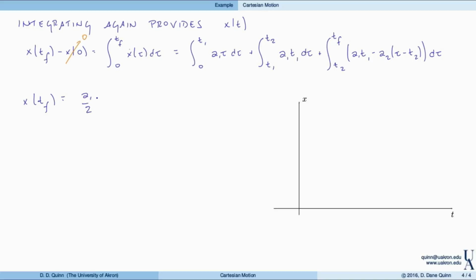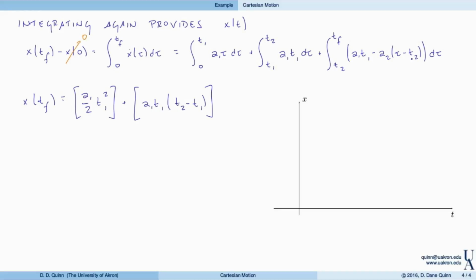a1 over 2 t1 squared. So that's the first integral. The second integral is a1 t1 times t2 minus t1.